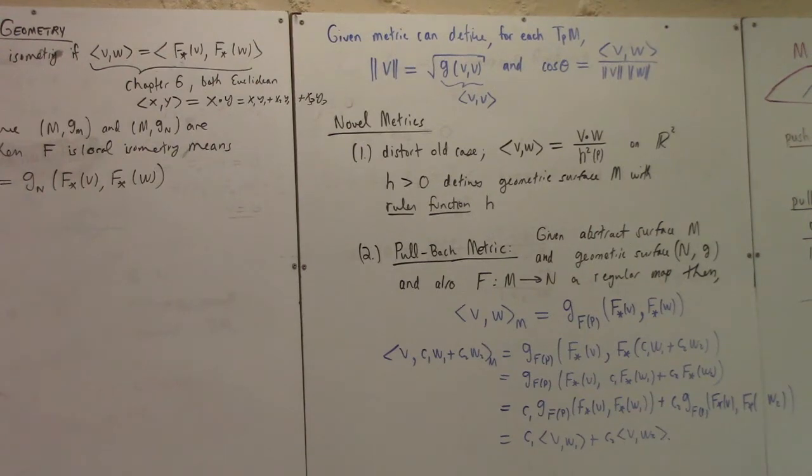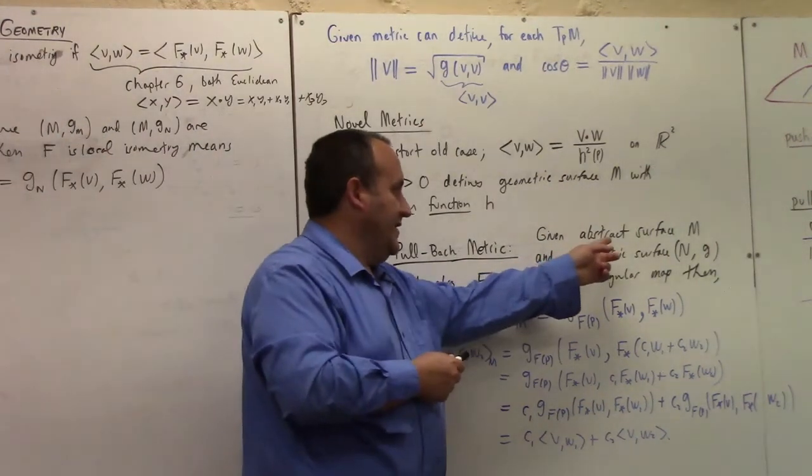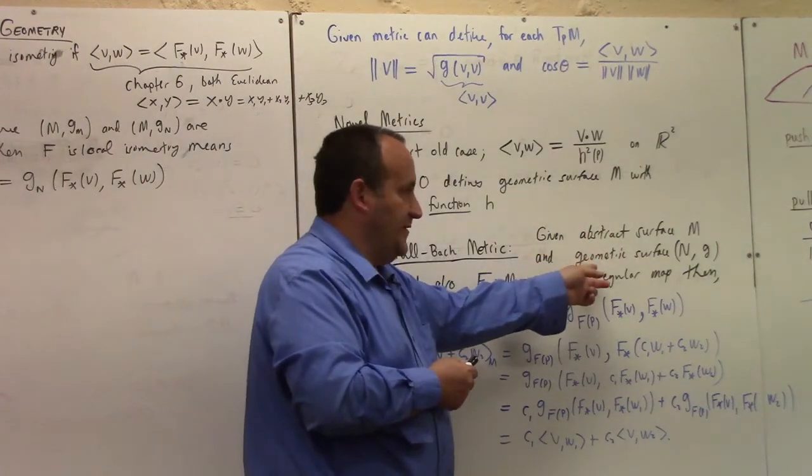But if you look at our definition of pullback metric, what does it do? It keeps the three conditions. Right, well, yes, but what can you say about this abstract surface M and this geometric surface N?